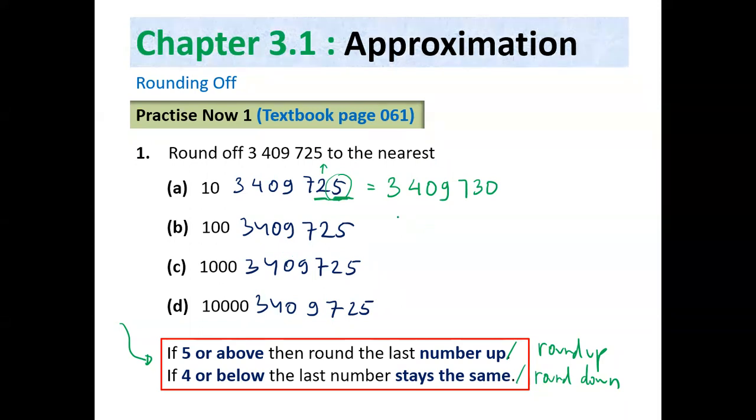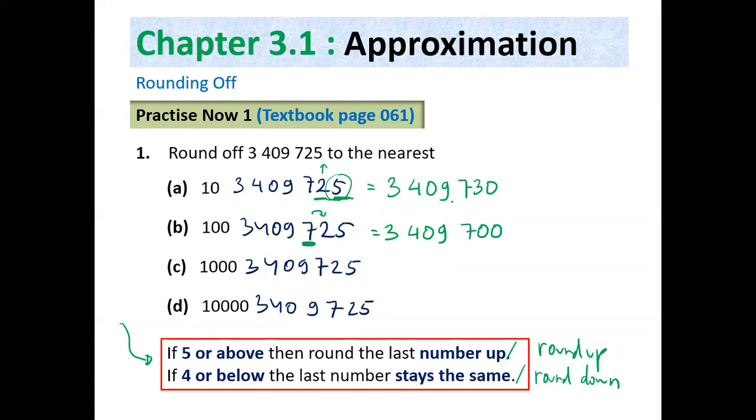And as for the nearest 100, where is the 100 place value? This, right? So 3,409,000. Look at the next number, 2. 2 is 4 or below, right? The number 7 stays, so 7 will not be changed. You call it a round down.